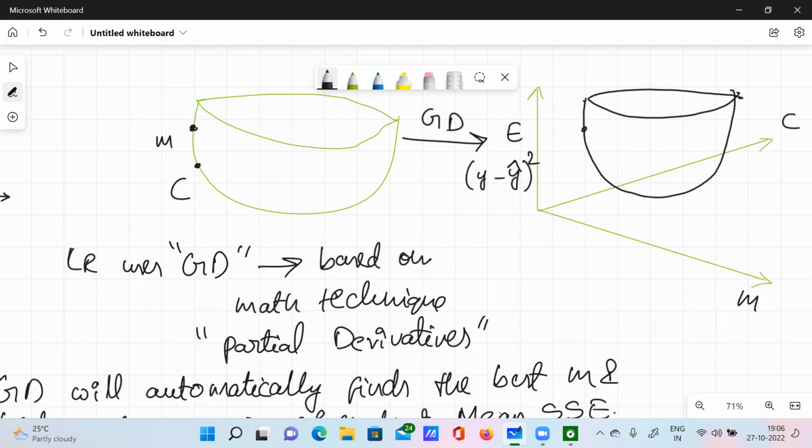This M point will automatically go down to the possible nearest distance towards the M here. This point is known as the optimum M, so this M will go to here and it will get the optimum M.